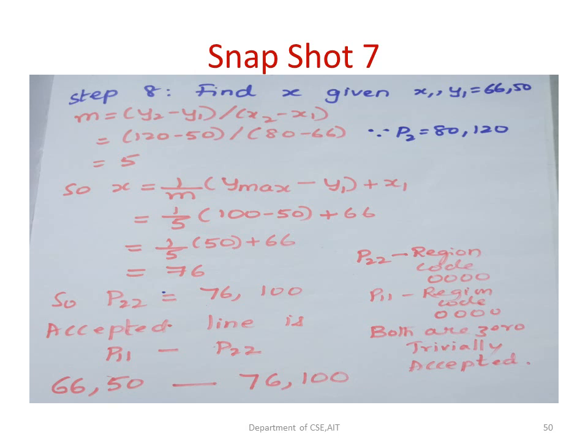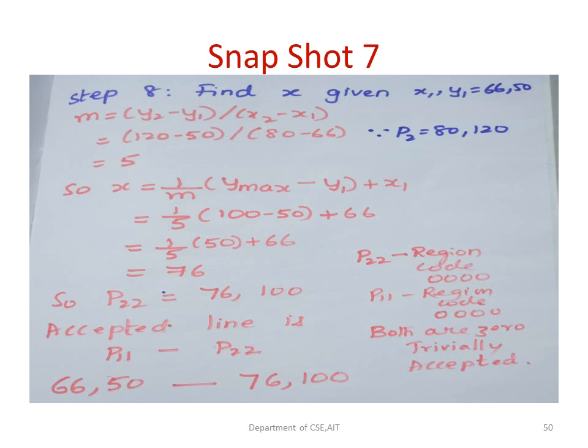In the Cohen-Sutherland line clipping algorithm that we have studied, two things are significant. One is the region code, and the second is where actually the line is cutting. We have to find that value. Only then can we clip the line and assign the new region codes. This is a simple line.